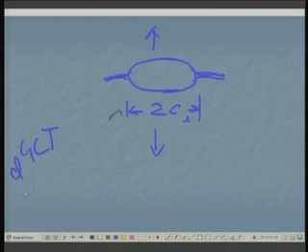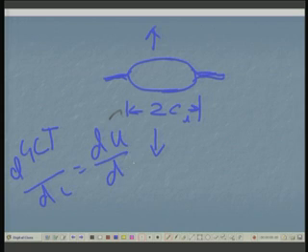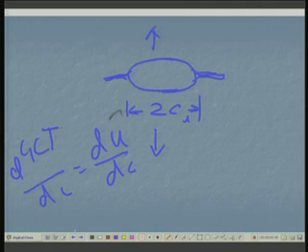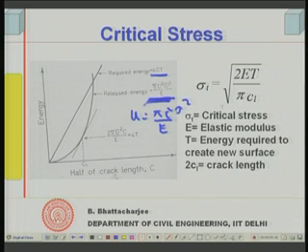So, simply what you have to do is differentiate with respect to C, where U is given by this expression, U equals pi C square sigma square divided by E. If you obtain dU/dC and equate, you can get an expression for the critical stress, expressing sigma in terms of all the others.